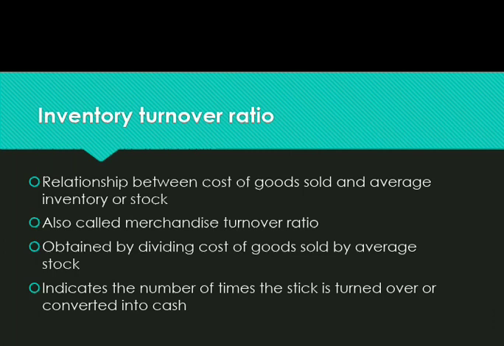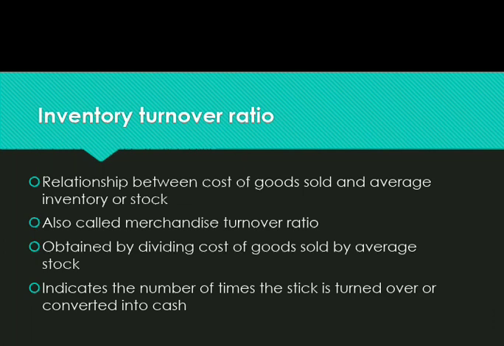The relationship between cost of goods sold and average inventory or stock is measured through the inventory turnover ratio, and it is also known as the merchandise turnover ratio. This ratio is obtained by dividing cost of goods sold by average stock.